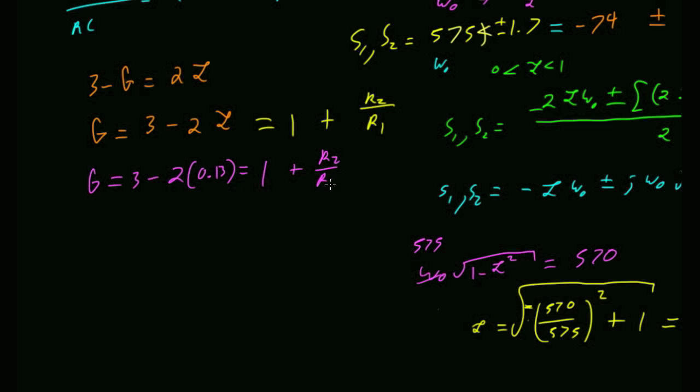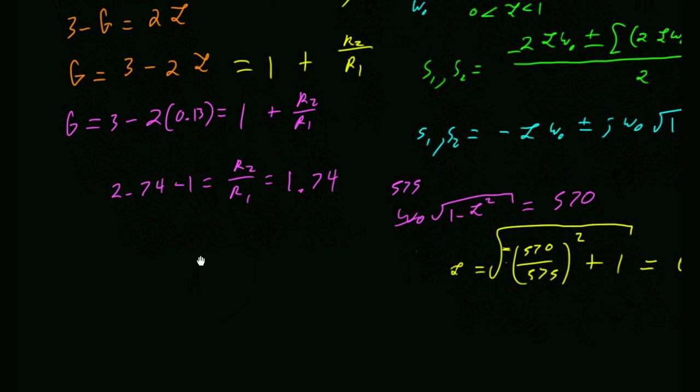If I say 3 minus 2 times 0.13, so this expression equals 2.74. Subtract 1 from both sides. R2 over R1 equals 1.74.